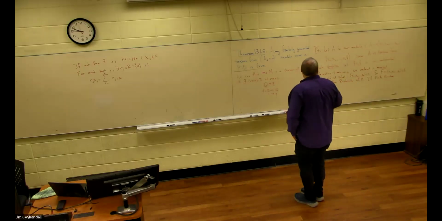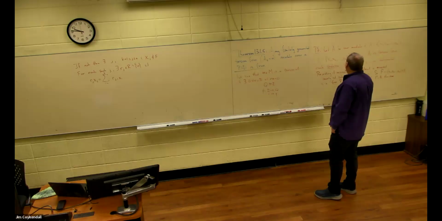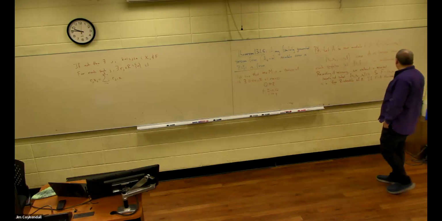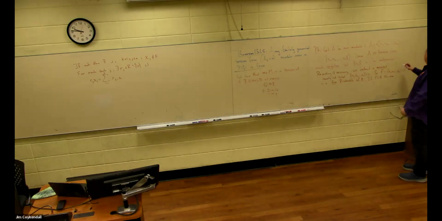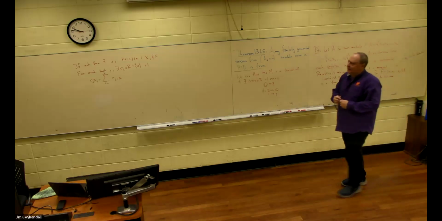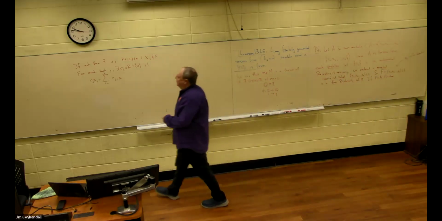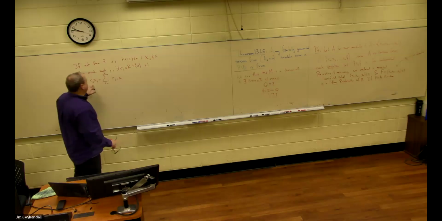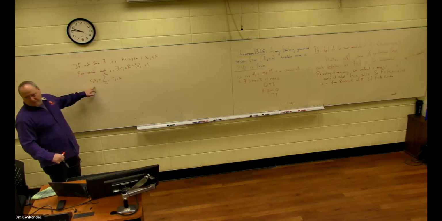So if I take xj and throw it into this maximal linearly independent set, then it becomes linearly dependent. And of course, the linear dependence allows me to assume that rj itself is not zero.